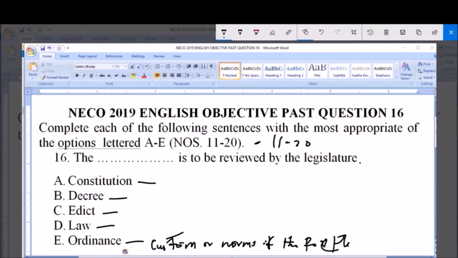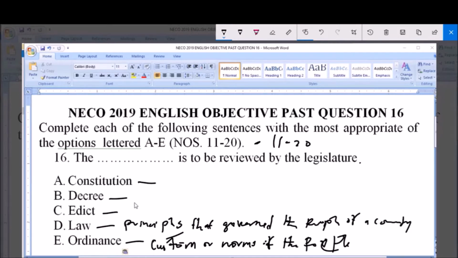Then when we talk of law, it is the principles that govern the people of a country. That is law.